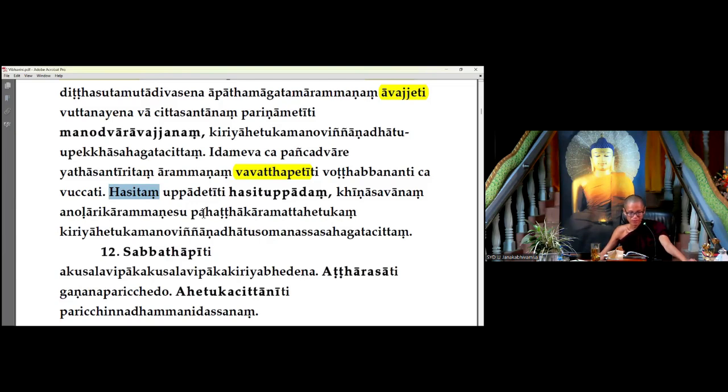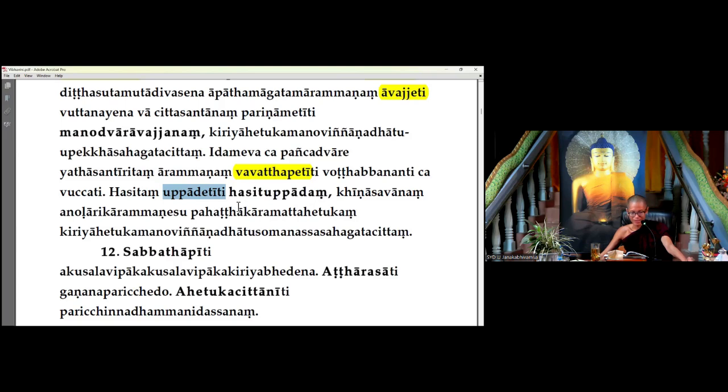Because of this, Hasidobada is smile producing Chaita. Smile producing Chaita. So Obada is U plus Pada plus Ne or Na suffix, for the causative.